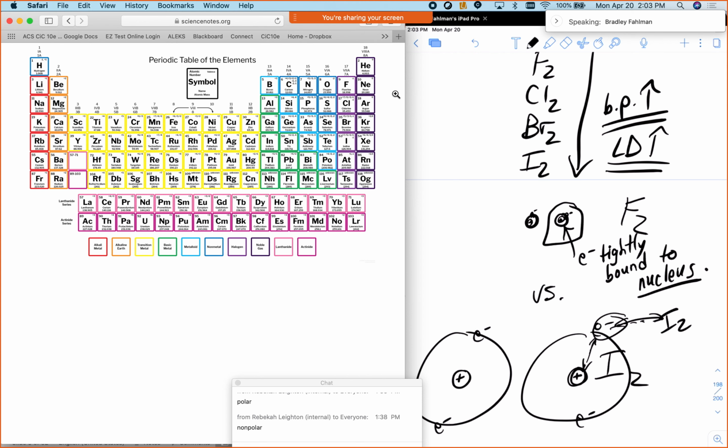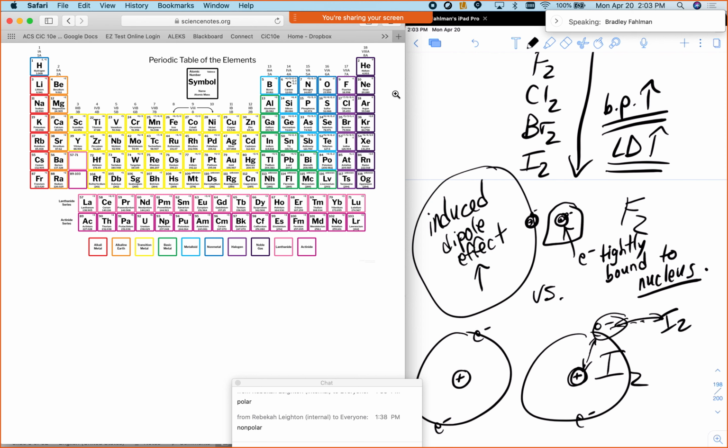If you think about it this way, as you get larger atoms, the electrons are easier to move around, so the induced dipole becomes larger. The effect goes up. It's kind of tougher to visualize London dispersion forces, but just remember, as you get bigger, then it's a stronger effect.